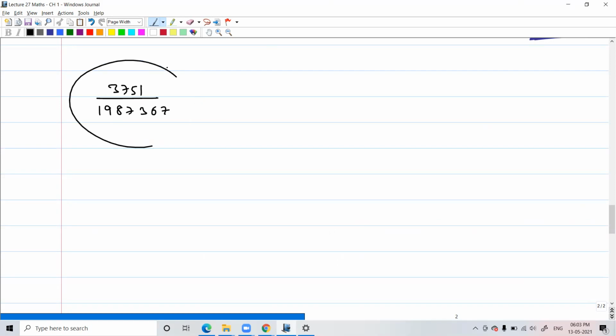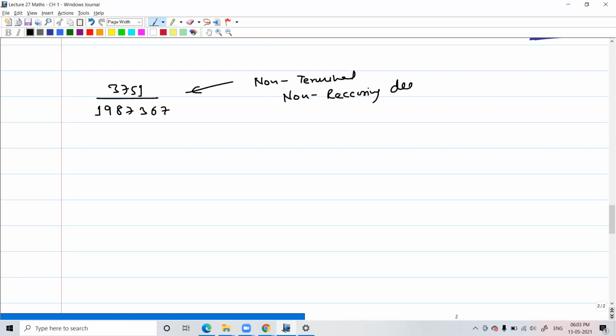Of course it's not easy to divide this, no? That's why I gave you this number, but you should not be able to divide it. Now, just by looking at this number, can it have a non-terminating, non-recurring decimal expansion? Is it possible?